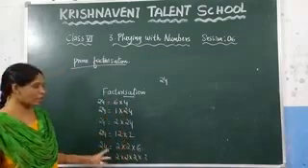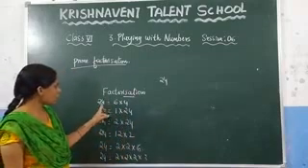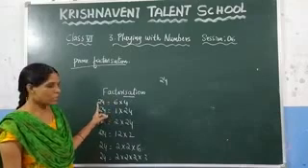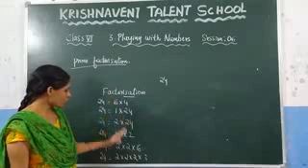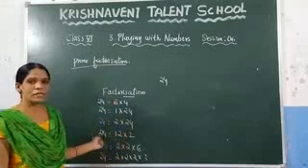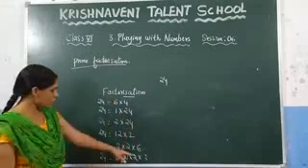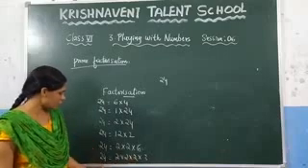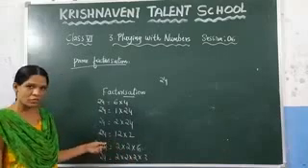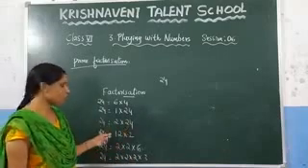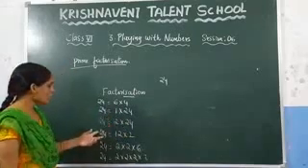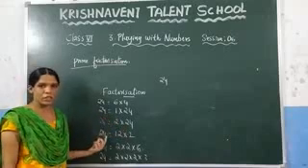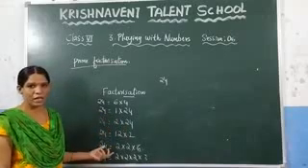Here you can observe that 6 is a factor of 24. Similarly, 4 is also a factor of 24, and 3 is a factor of 24. 12 is a factor of 24, 24 is a factor of 24, and 1 is a factor of 24, because if you divide this number by any of these numbers, you get the remainder as 0.